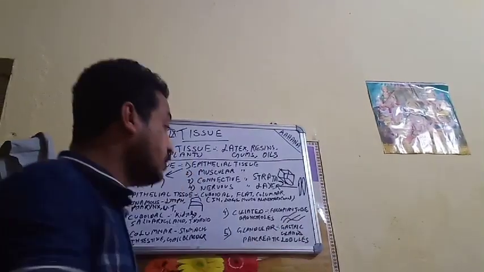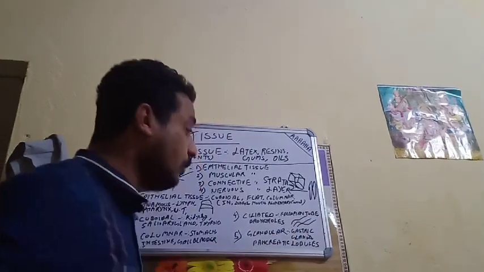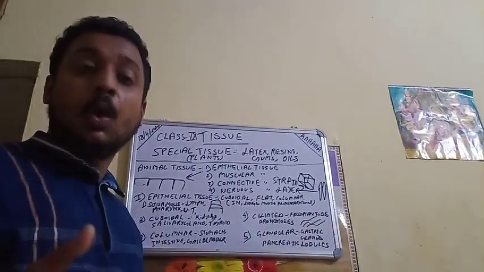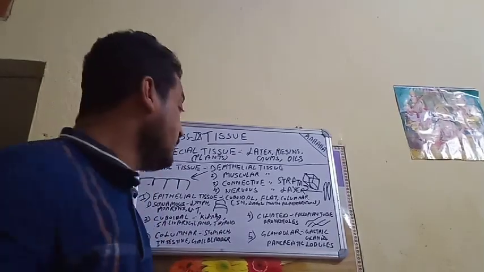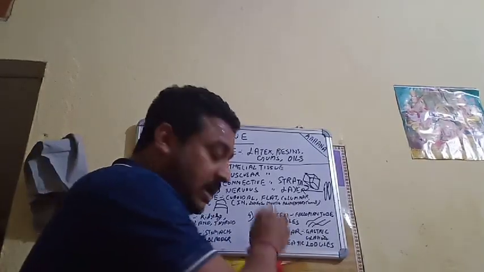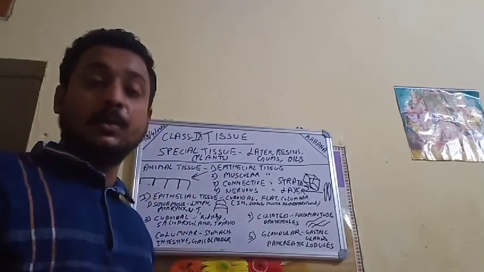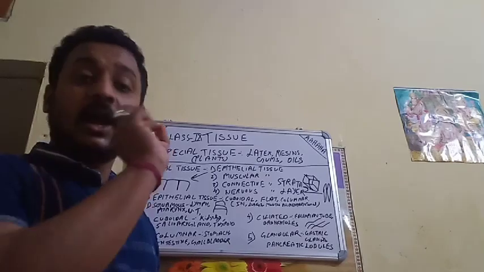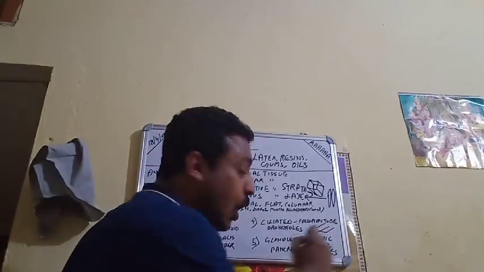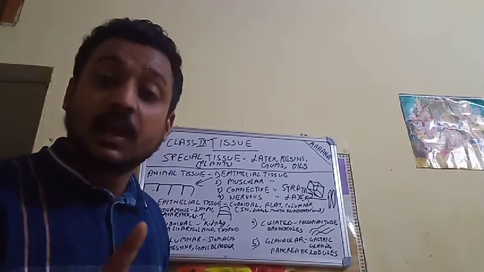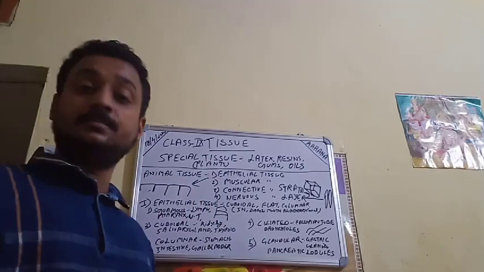Now, glandular tissue. The glandular epithelium tissue is present in gastric glands and pancreatic lobules. Here we need to understand one thing. This glandular epithelial tissue, present in the gastric glands and the pancreatic lobules, secretes special kinds of cells which allow the pancreas to secrete hormones and enzymes, as well as the gastric gland to secrete its own gastric juice.